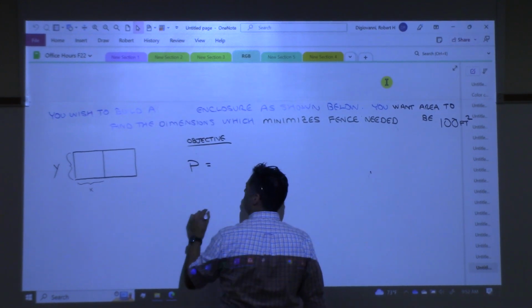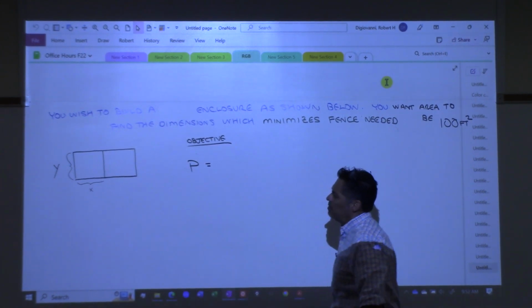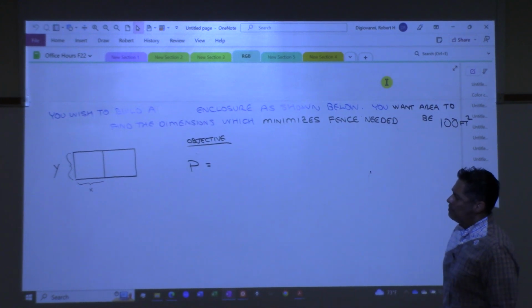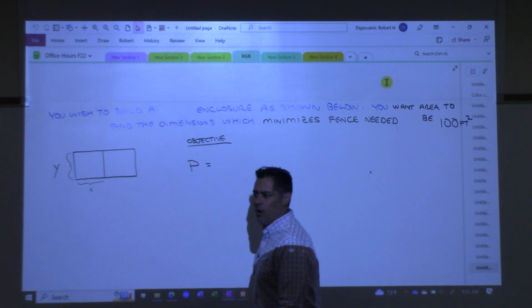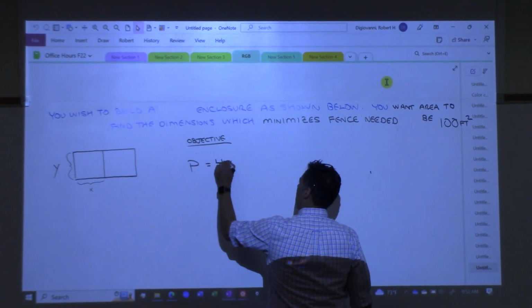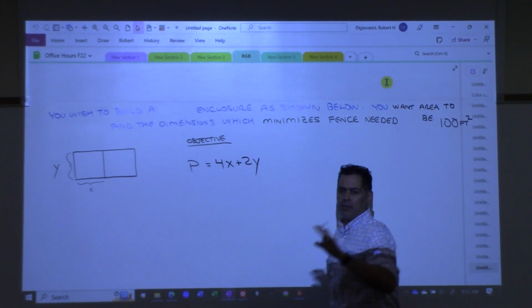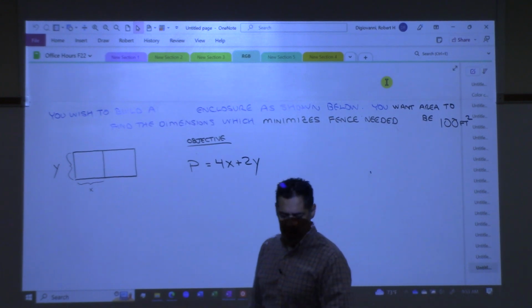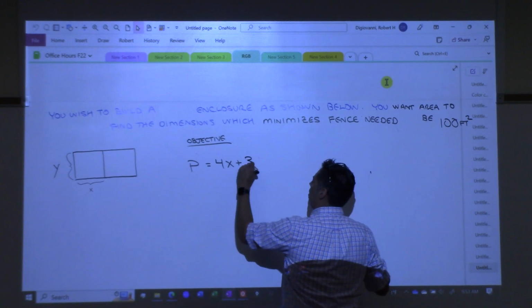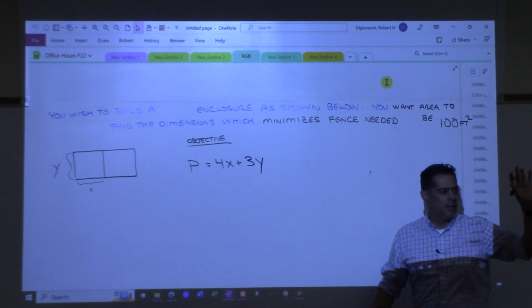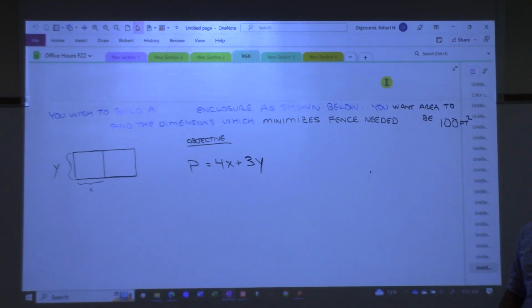Now, can you tell me what the perimeter is, or the fence that we would need to build this? 4 x's, so 1, 2, 3, 4 x's plus 3 y's. Show of hands, how many of you had that much? Sorry, 3 y's. So nobody had that? 3 y's, yes? How many of you had that part? Yeah? Okay.